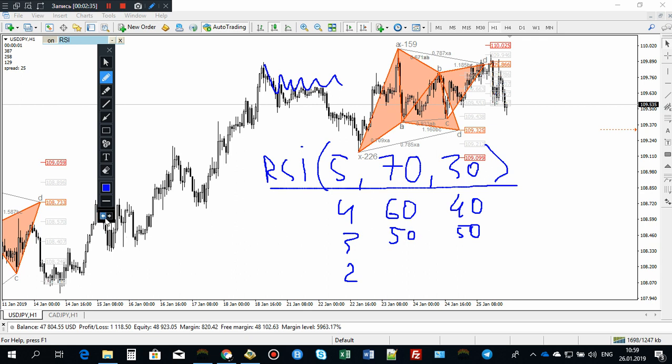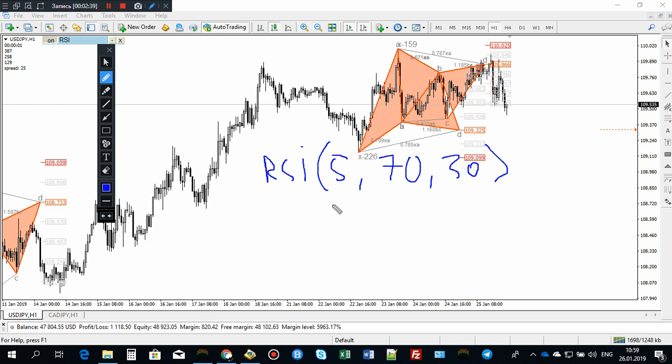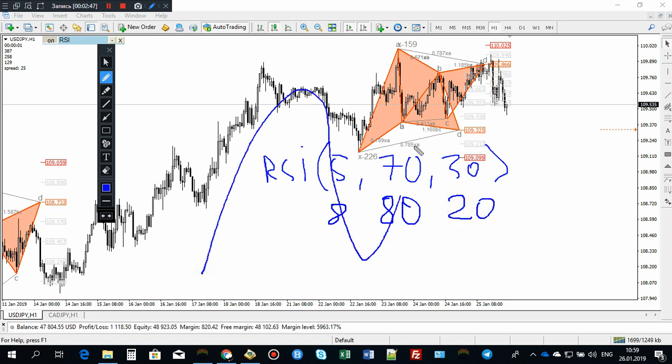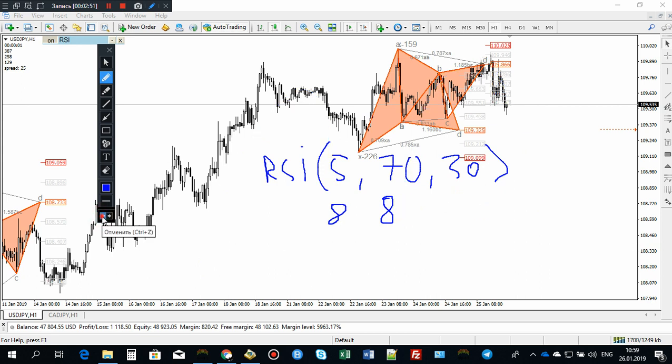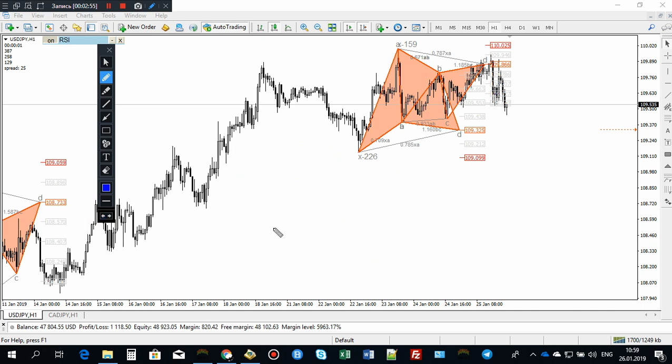And if you do the inverse, yes, you increase the period and you increase overbought and decrease oversold, then the algorithm will be less sensitive to market noise, and you will be looking at larger patterns. Okay, it very much depends on the settings of the algorithm.